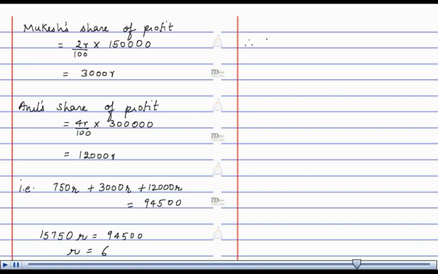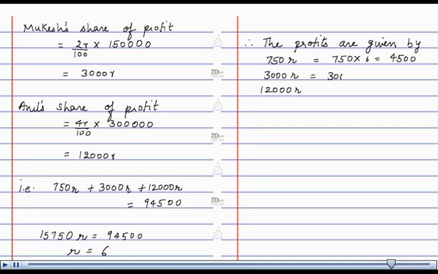Therefore, the profits are given by 750R, 3,000R and 12,000R, which is 750 into 6 equal to 4,500, 3,000 into 6 which is 18,000 and 12,000 into 6 which is 72,000.